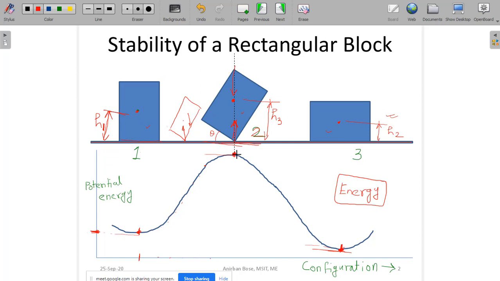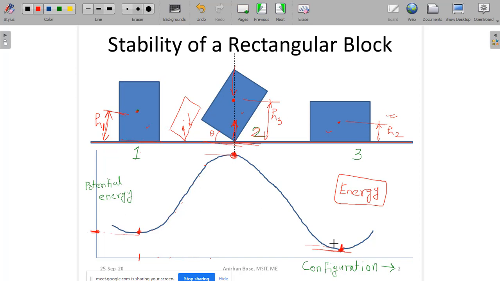So that is why this 2 is in equilibrium, but it is not a stable equilibrium, and 1 and 3, these configurations, are stable equilibrium conditions. Because if you slightly deviate from the configuration, it will again come back to its initial position. So that is why you can get some idea about what we mean by stability.